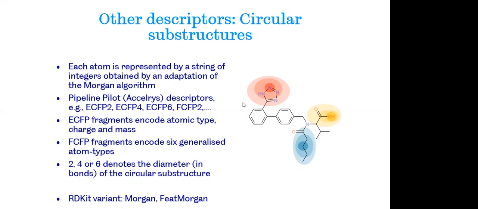In previous methods, we defined the descriptors for the overall compound, but here we define the descriptors of particular substructures rather than the entire compound. Those substructures are used to search for compounds from the databases rather than the entire compounds. This is circular substructures.